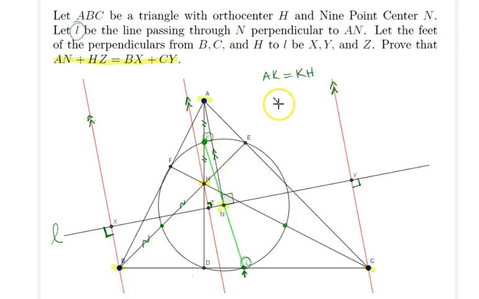So we can say that line XB is parallel to line HZ here, which is further parallel to line YC, and finally which is parallel to line segment AN, if you will.